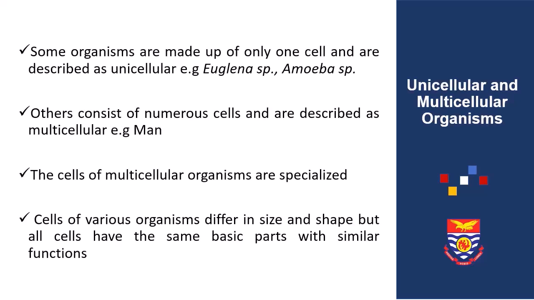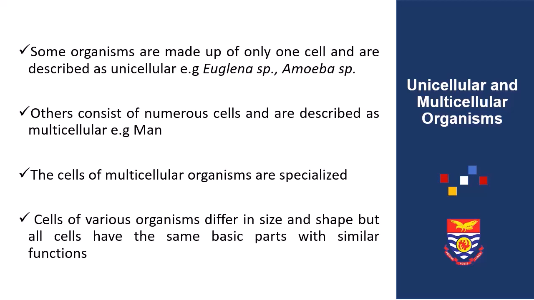Now let's look at unicellular and multicellular organisms. Unicellular organisms are organisms that are made up of only one cell. Examples are euglena and amoeba. Multicellular organisms have numerous cells, and their body is complex in nature. An example is man.